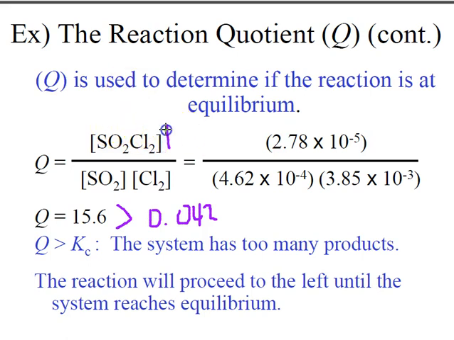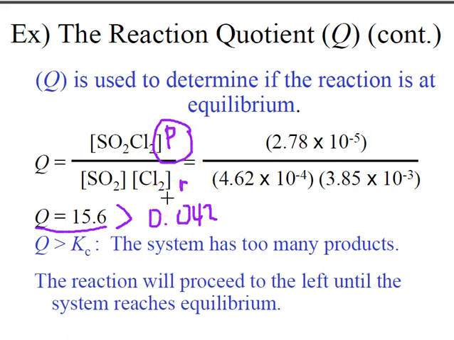On the top here we have products, and on the bottom we have reactants. So currently Q is too large, because remember K is the goal. K is equilibrium, and Q is telling us where we are right now. So our quotient is currently too large, which means we have too many products and too few reactants.